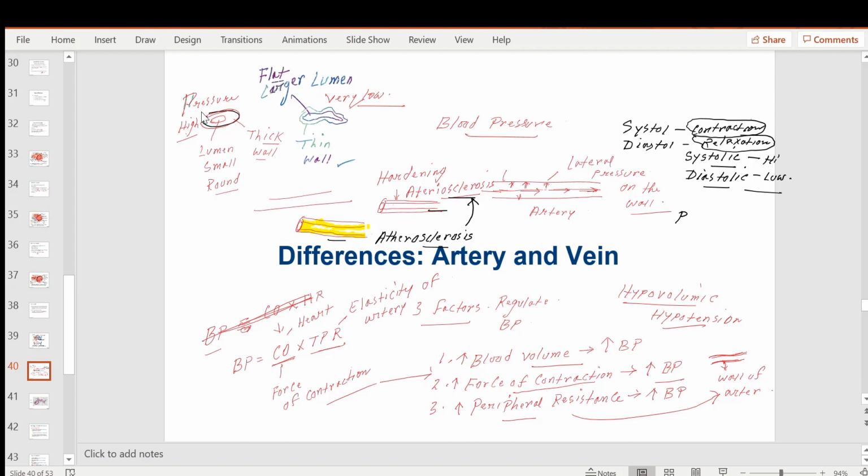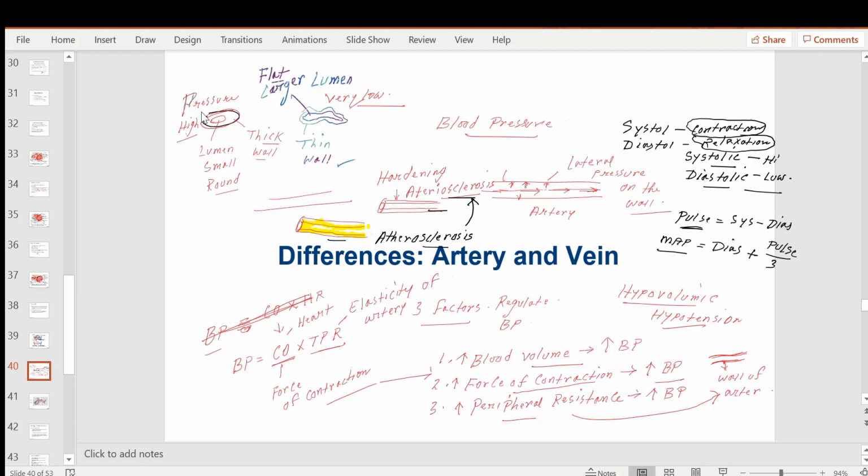One is called the pulse pressure. This is very simple: systolic minus diastolic. Okay, and mean arterial pressure or MAP, that is diastolic plus 1/3 of pulse pressure. So first we need to measure the pulse pressure, then we get the mean arterial pressure.